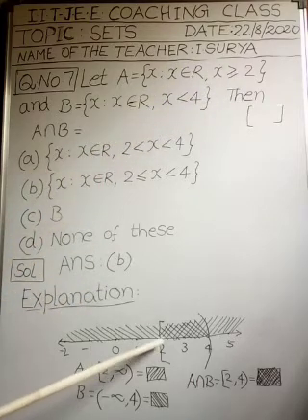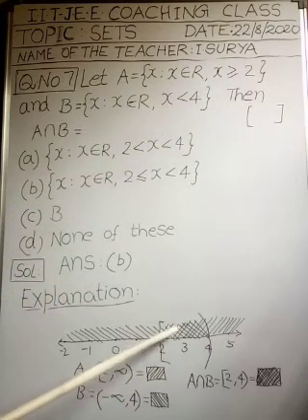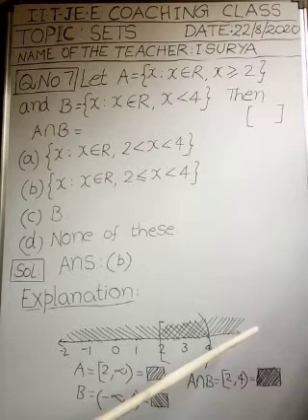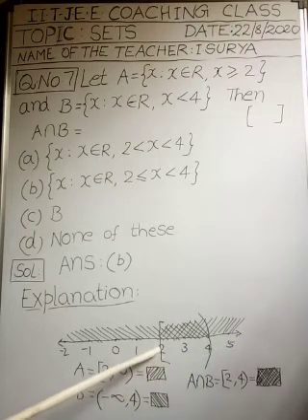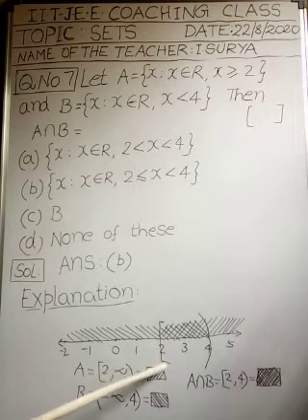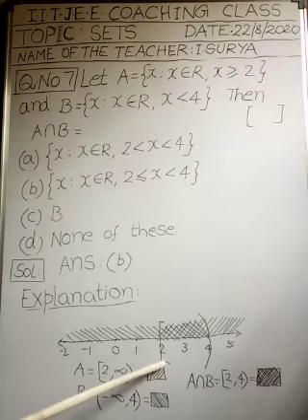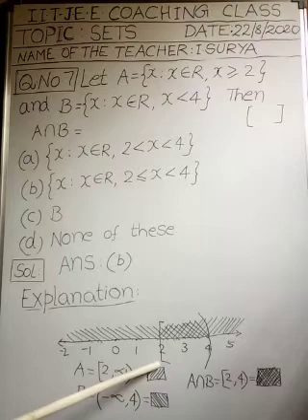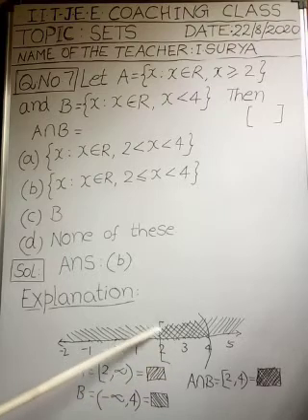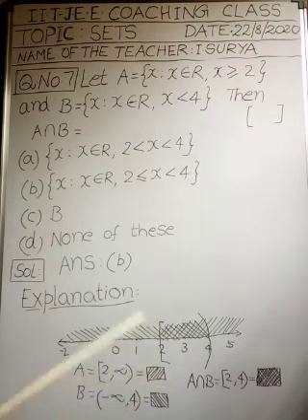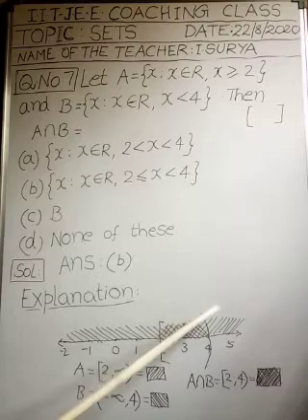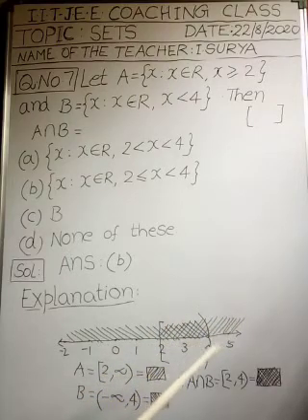So here I shaded this part, all the real numbers greater than or equal to. Here 2 is also included. That is why we are using here this bracket, square bracket, closed bracket. Understood, my dear children? Right. This area, this is slant lines shaded region area.